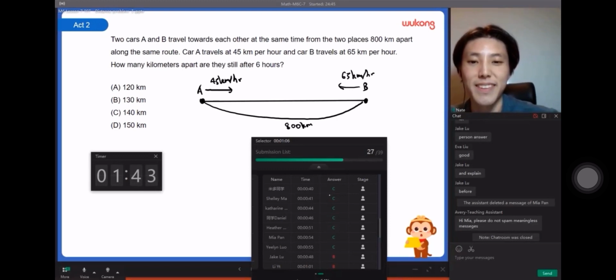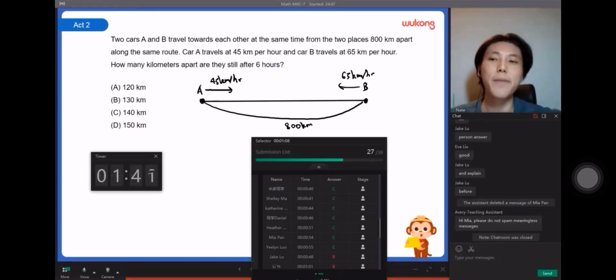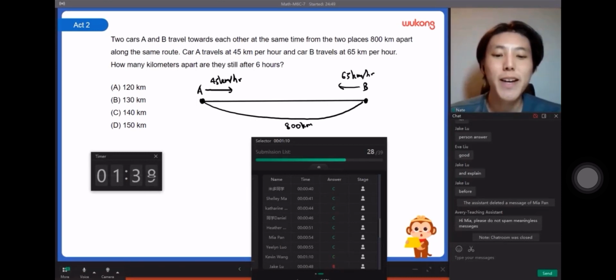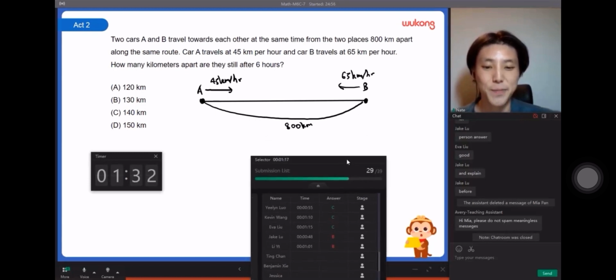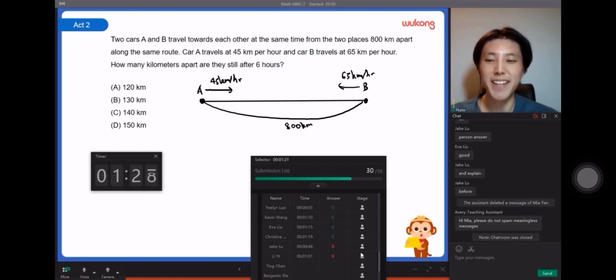If both of them travel for 6 hours, what is the gap between each other? Jake, Lee, could you please double check? I think that's a calculation error over there.